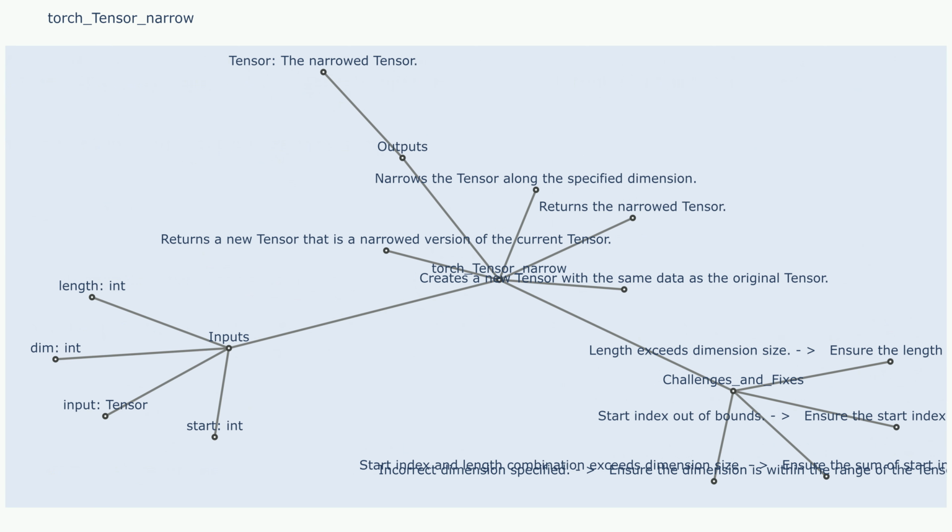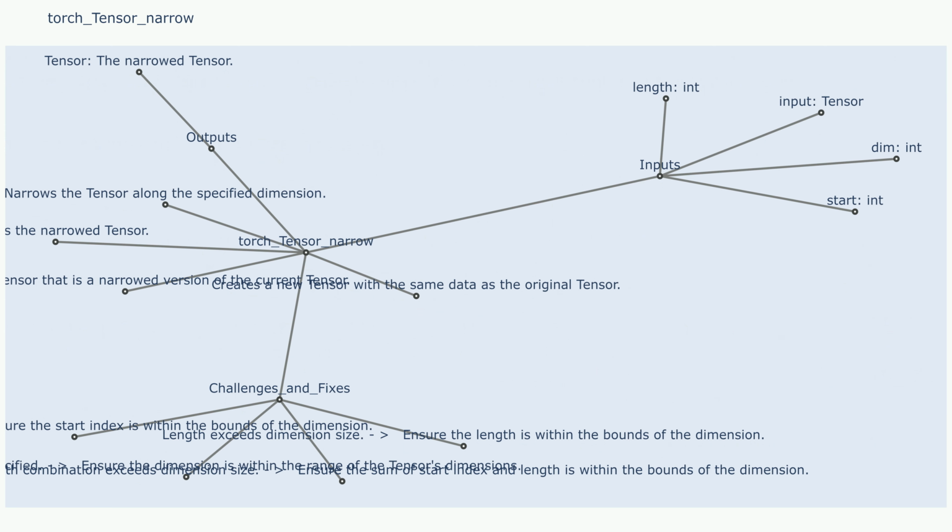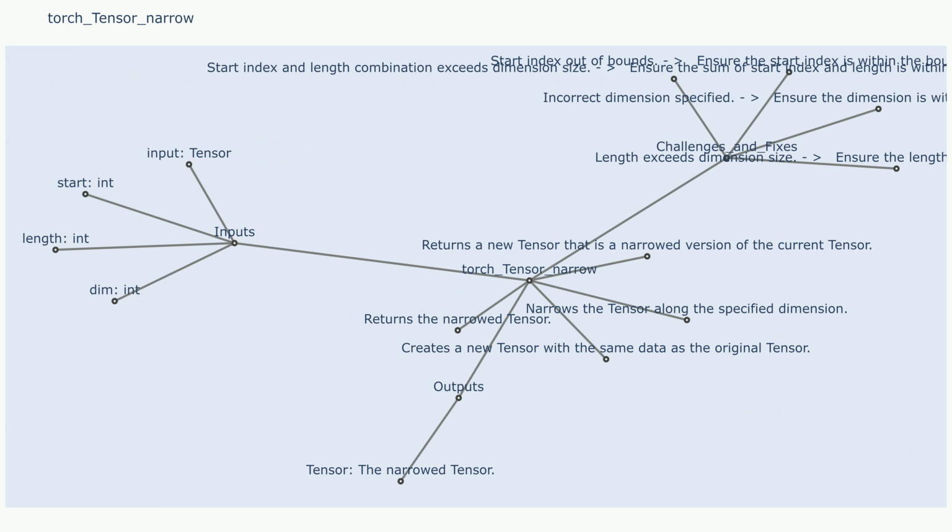Input 3: start, the starting index of the subtensor along the specified dimension. Input 4: length, the number of elements to include in the subtensor along the specified dimension. Outputs. Output 1: output, the extracted subtensor. Steps. Step 1: the function identifies the specified dimension dim in the input tensor.